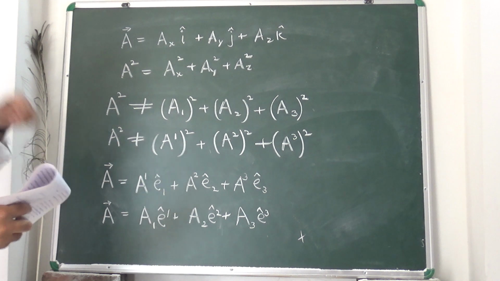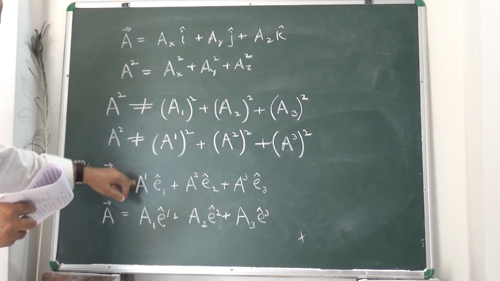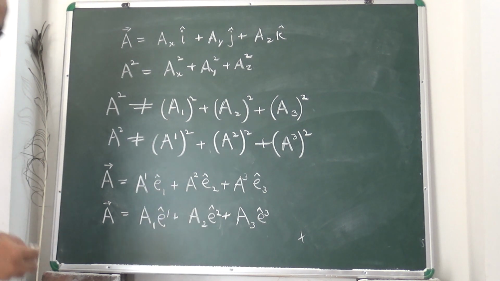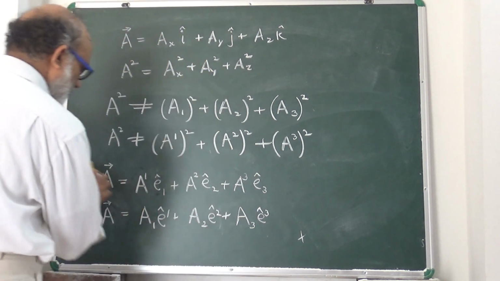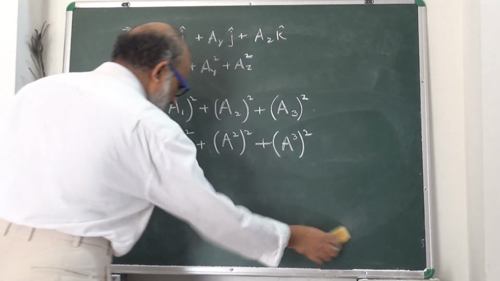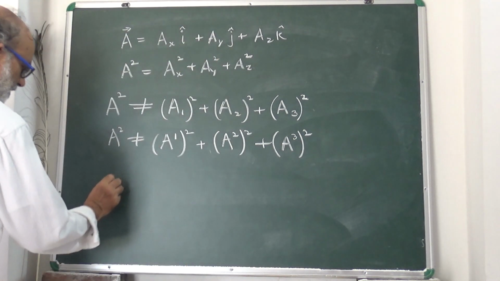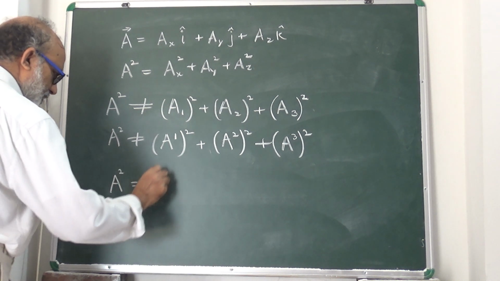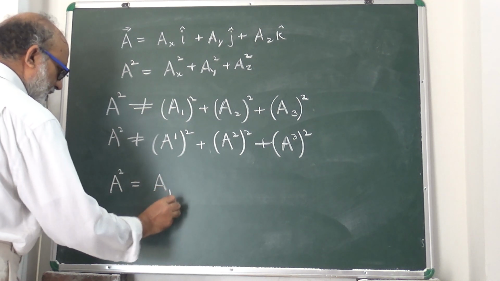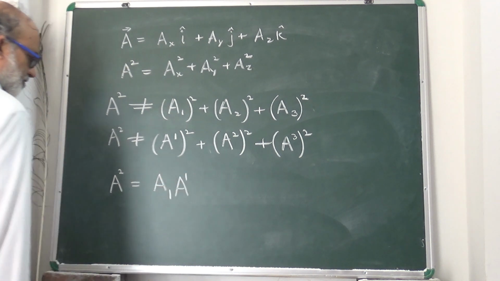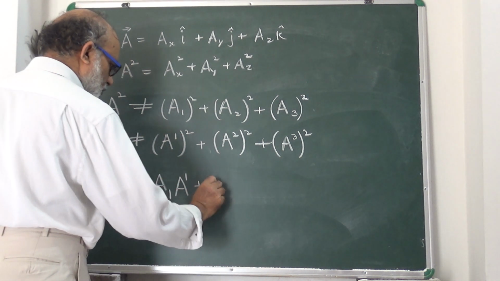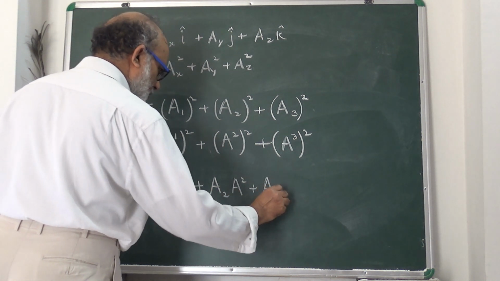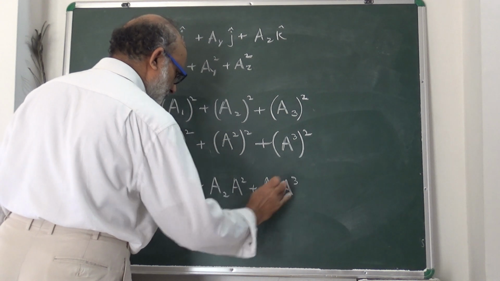But if you take one component contravariant and one component covariant and multiply, then that will be correct. So the mod of A will be correct only when we multiply one covariant component with one contravariant component, and so on for each pair.